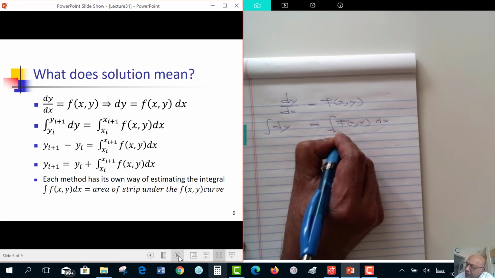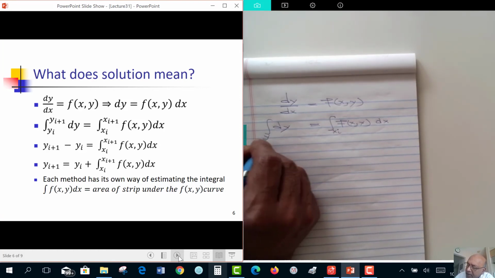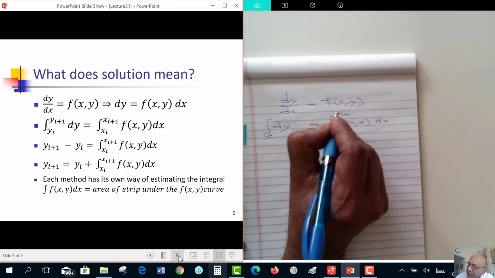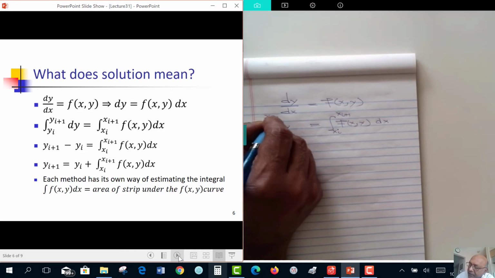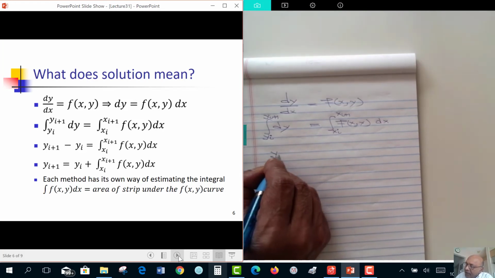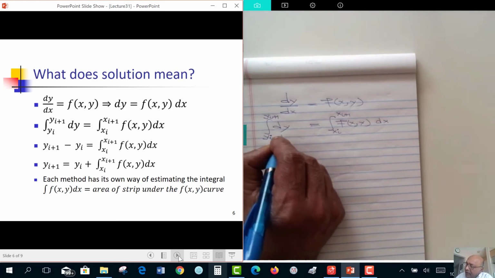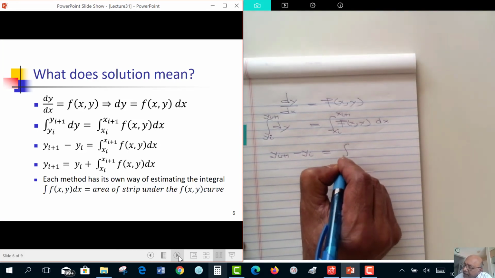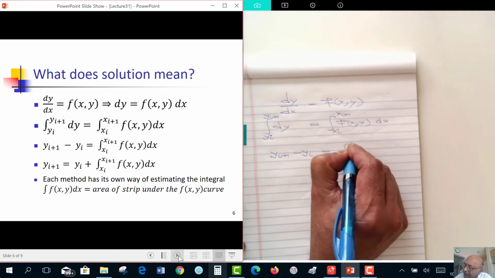At xi, we know yi. Let's say at xi plus 1, we want to find yi plus 1. When we integrate, the left hand side would be this, and the right hand side would be this integral.